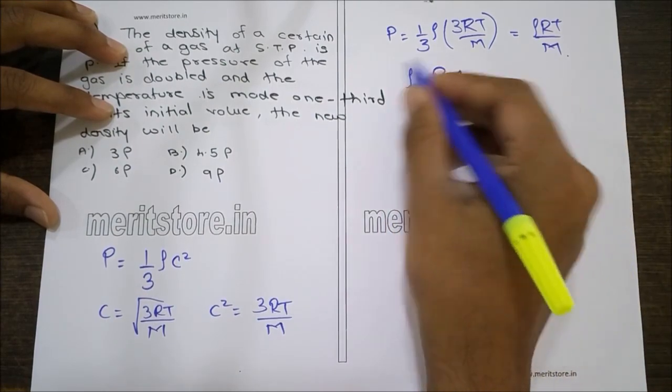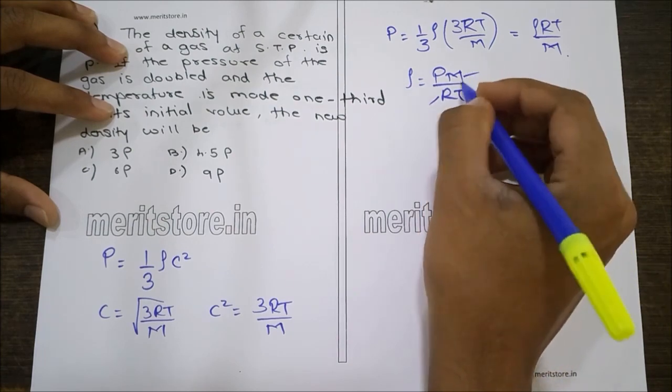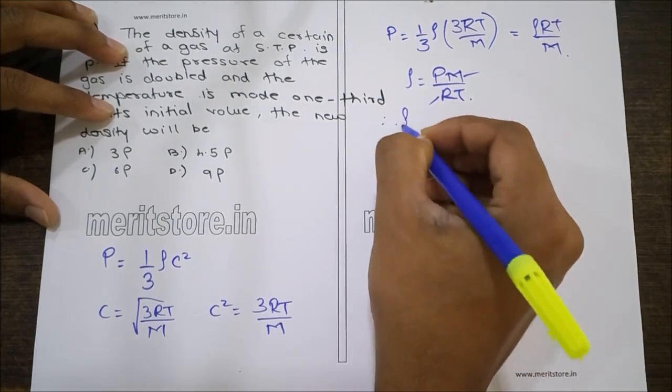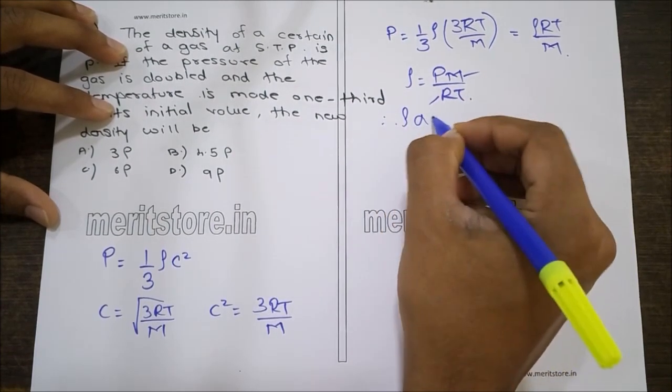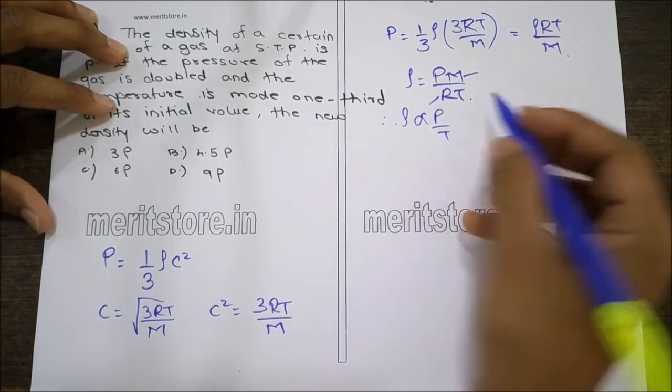In this relation, M and R are constants. Therefore, we can generalize it as rho is proportional to P by T.